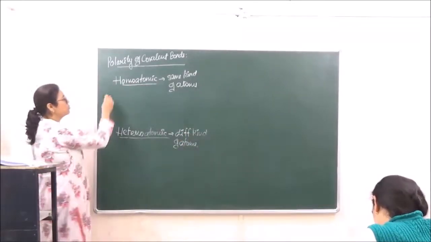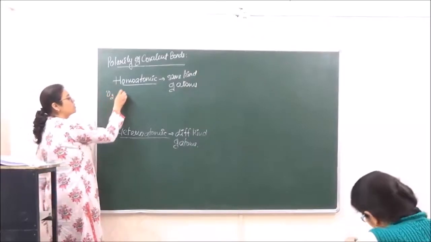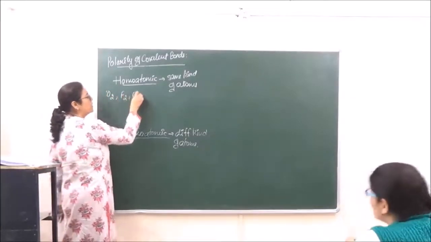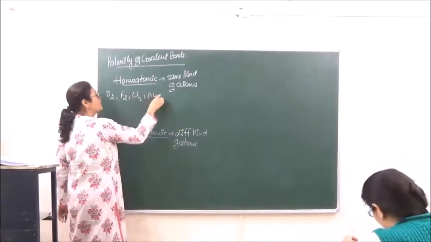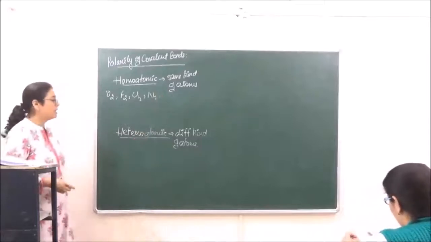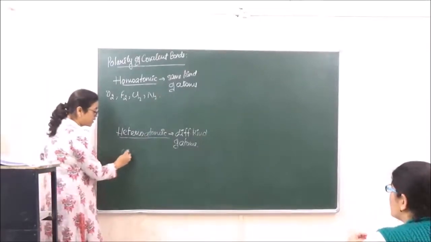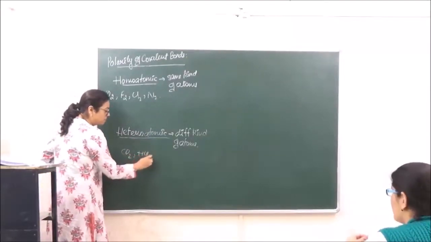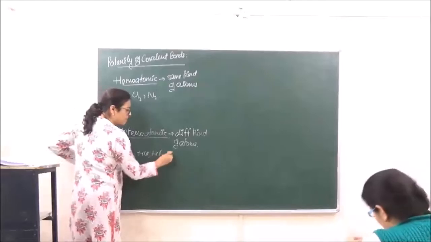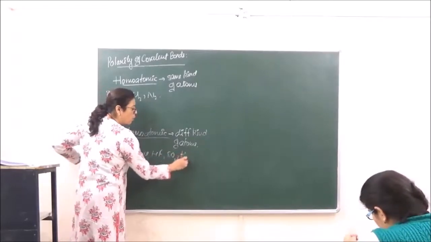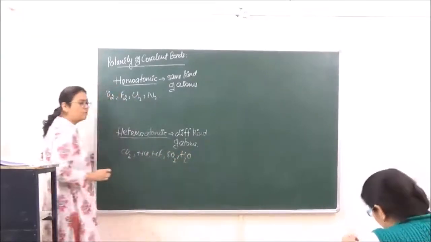So examples of homoatomic we can take is oxygen, we can take fluorine, chlorine, nitrogen. All these they are said to be homoatomic. Heteroatomic we can take carbon dioxide, HCl, HF, SO2, water. All these they are heteroatomic molecules.